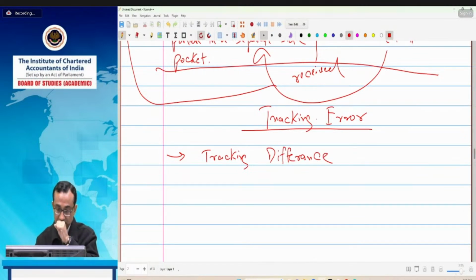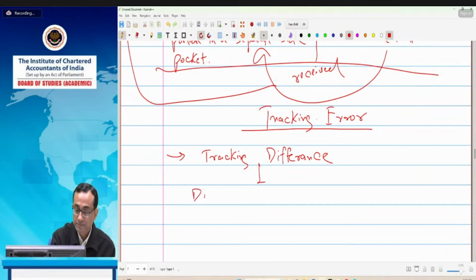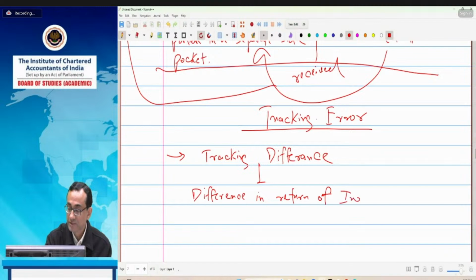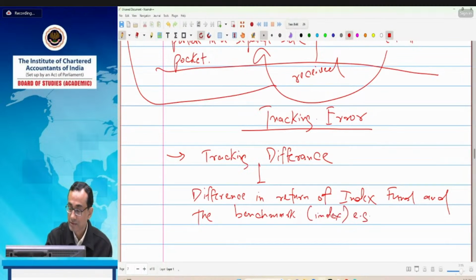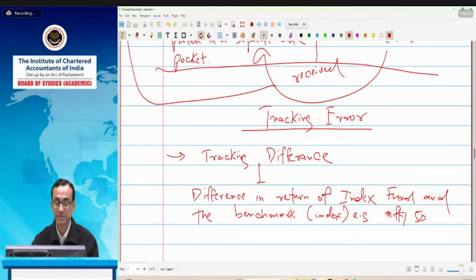Tracking difference means the difference in return of the mutual fund, the index fund, and the benchmark. Benchmark is the index, for example, Nifty 50.